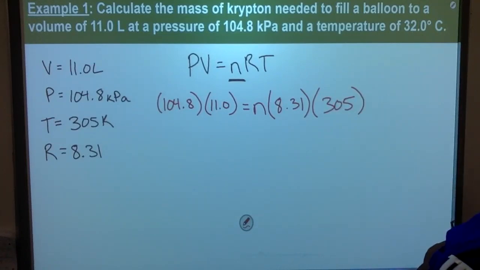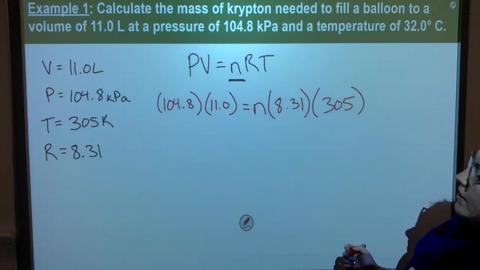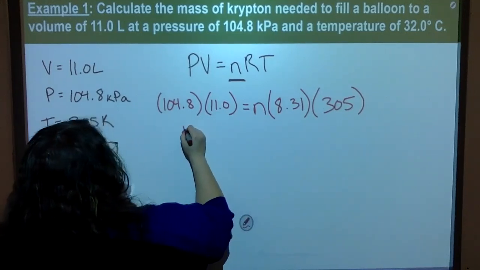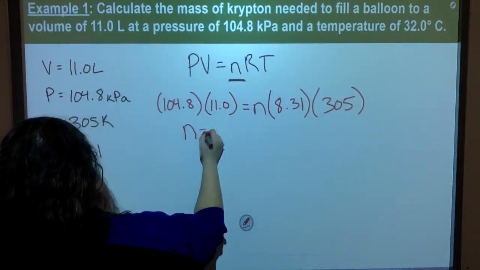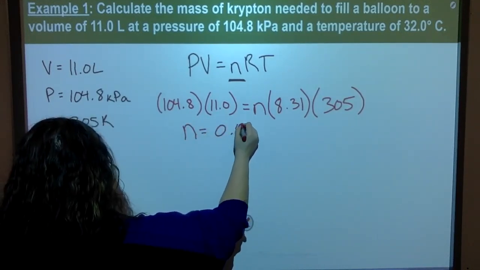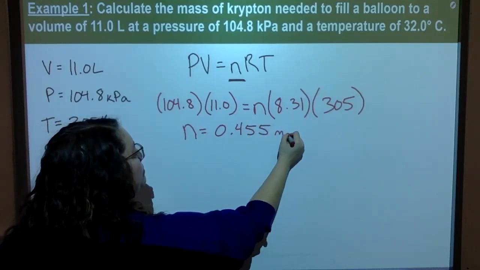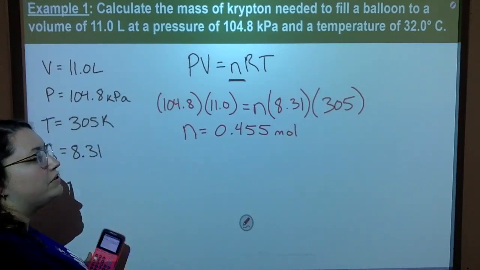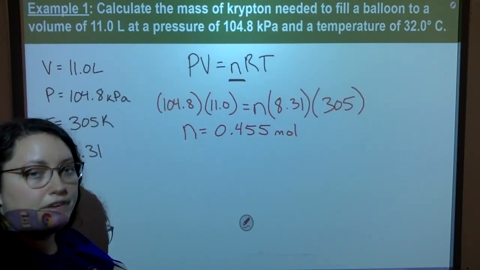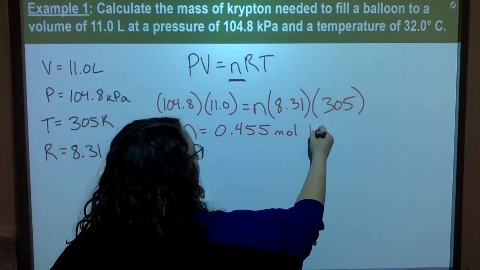We're going to end up with 104.8 times 11 divided by 8.31 times 305. This is telling us that N is going to equal 0.455 moles. So that's 0.455 moles of krypton.